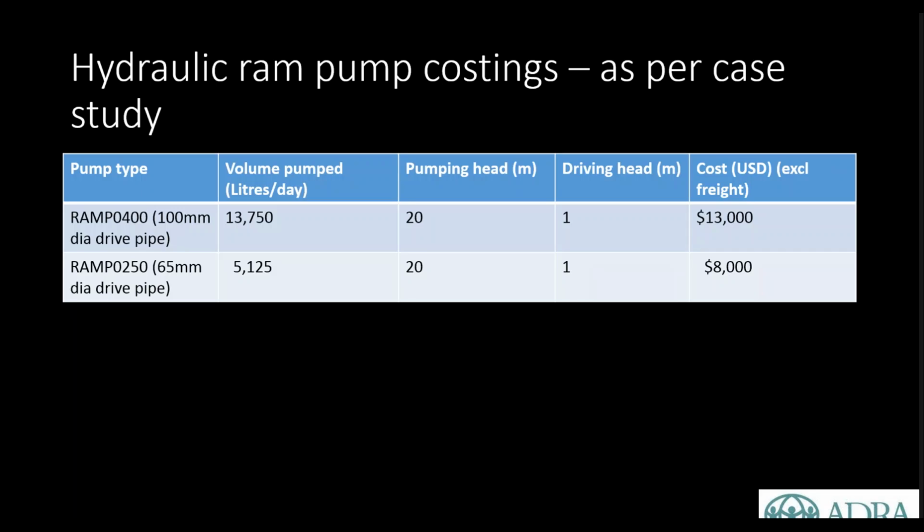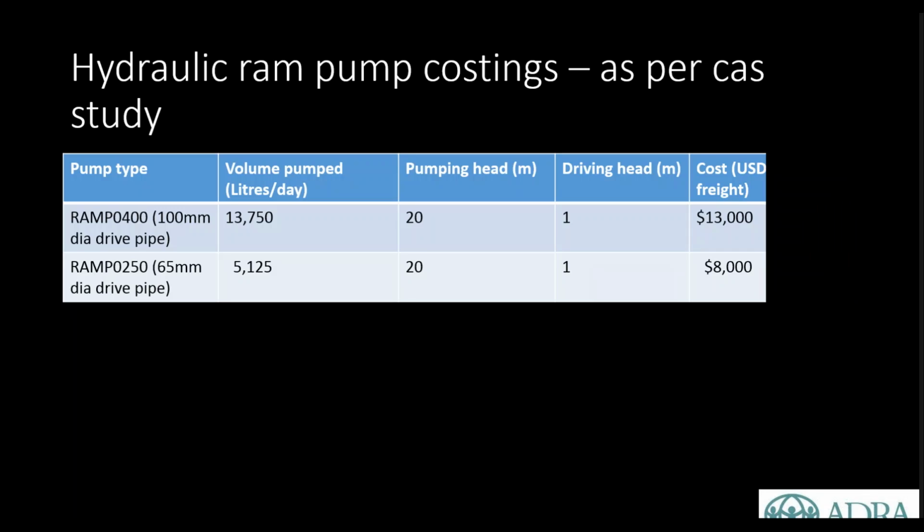So for the amount of driving head you've got, you can pump up to a tank which is comparatively high, even though you're losing 80% of the water, if you like. It's going back into the stream that you actually pump from, if that makes sense. Yes, very much.